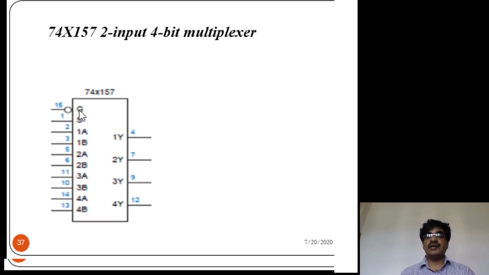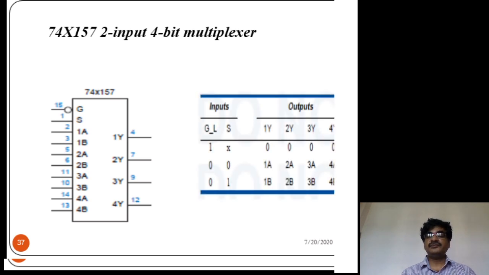Okay, so then one output means it may connect either A input to the output or B input to the output. That depends on the select line data. Since each input has 4 bits, here the output Y also has 4-bit capacity, that is 1Y, 2Y, 3Y, 4Y. Also see the truth table of this one.